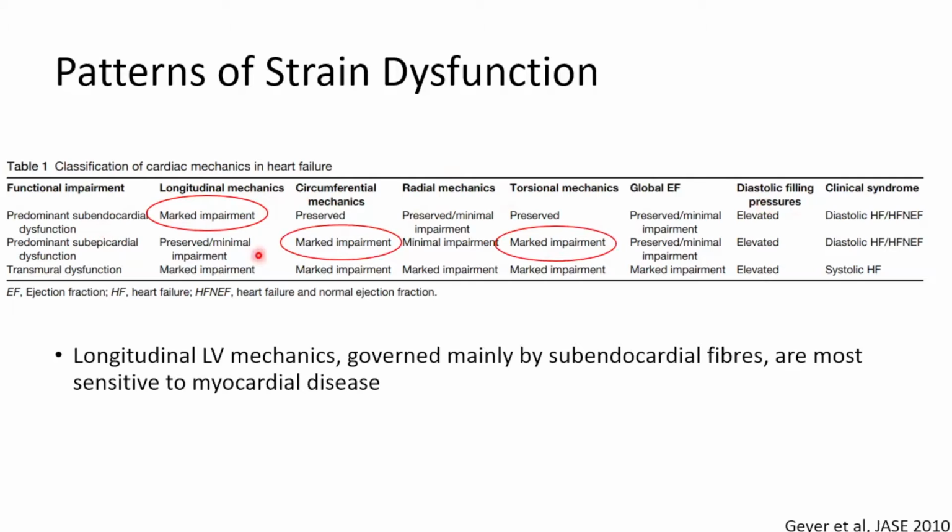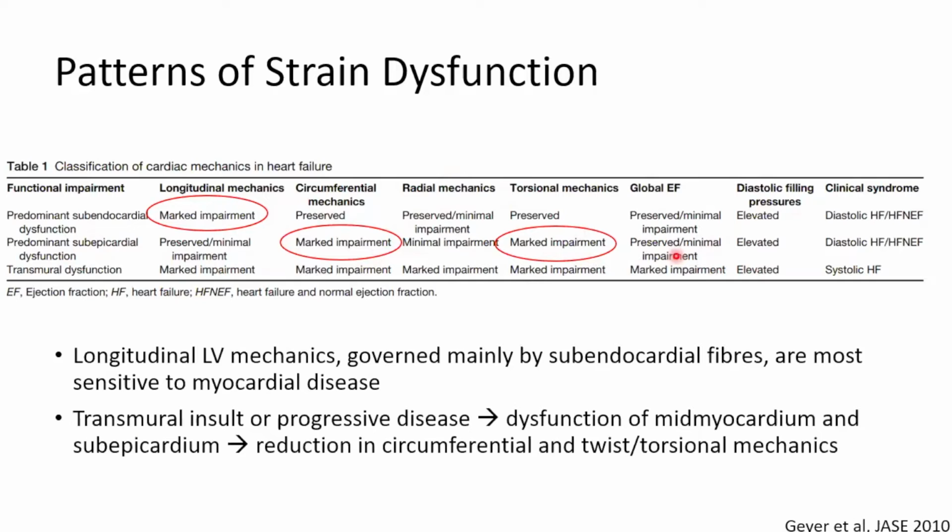In contrast, if you have a predominant dysfunction affecting the subepicardium, it will tend to affect the other portions more than longitudinal, so circumferential or torsional mechanics, and the other parts of the LV mechanics try to compensate and preserve EF. And once you really get transmural dysfunction affecting all of these fiber layers, that's when you can get dysfunction of the mid-myocardium and the subepicardium, and lead to significant impairment on all of these mechanical measures and have a global reduction in LV ejection fraction.